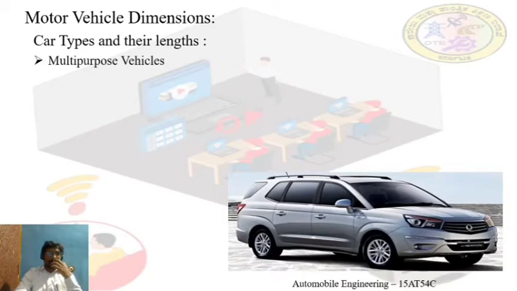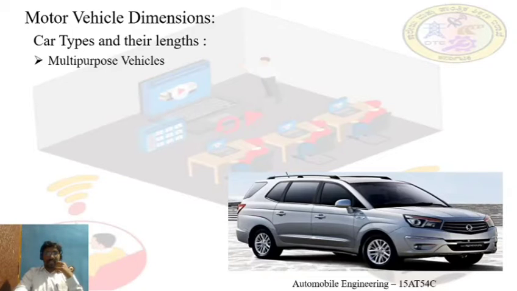The next type of car is the multi-purpose vehicle, or MUV, MPV in short form. As the name itself indicates, these vehicles are used for different purposes. Cars are generally designed to carry people, but along with the people, this vehicle can also take goods as well.